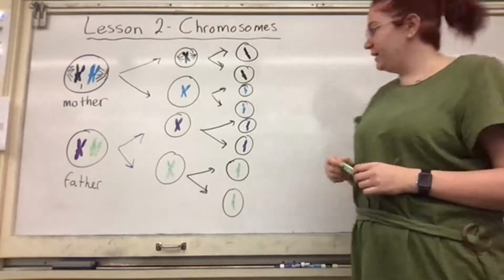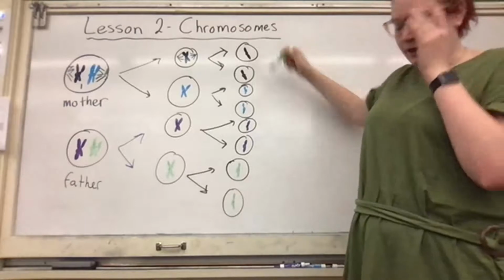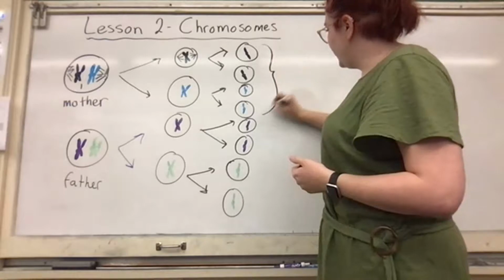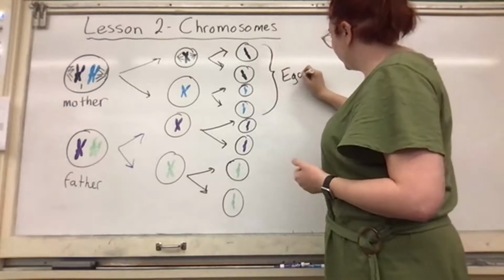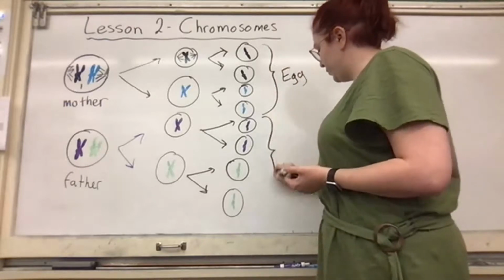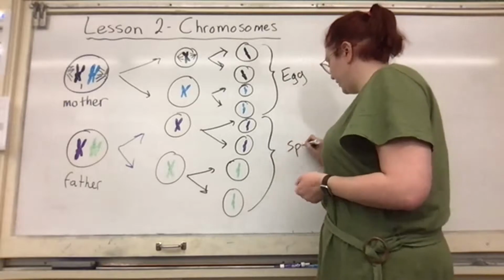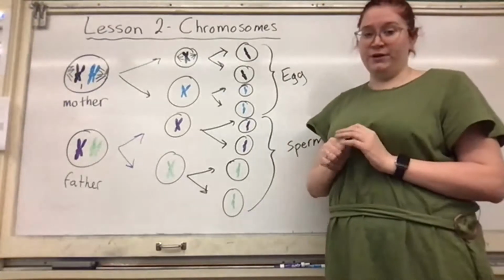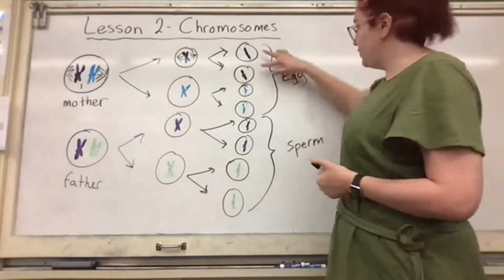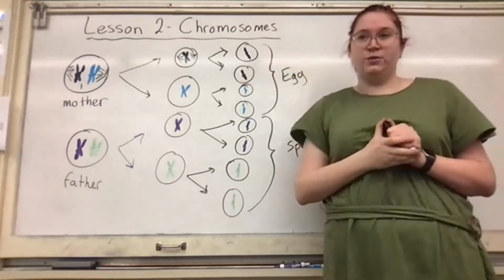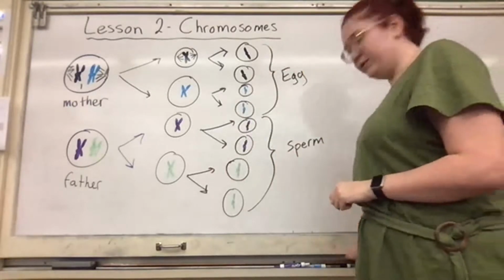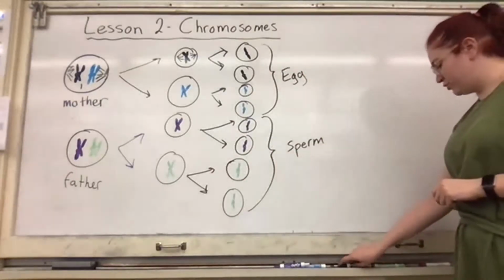Okay, so you can see now that there's some variety in the egg cells, and there's also variety in the sperm cell. Now, I have drawn a very simplified drawing because your mother doesn't just have 50% eggs with her mom's genes and 50% with her dad's, but there's actually something called the law of independent assortment.